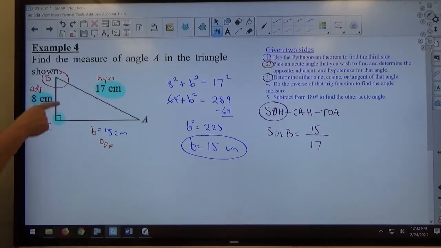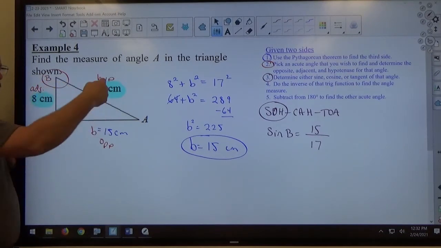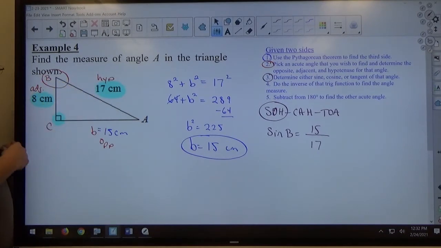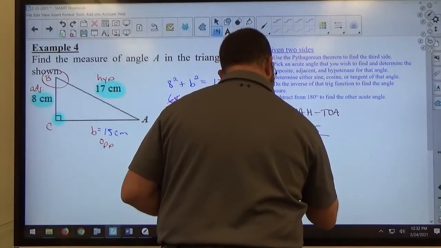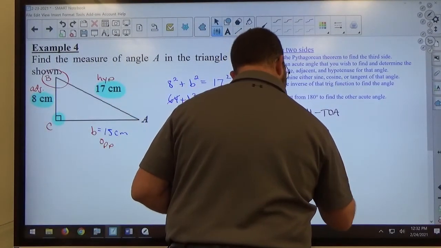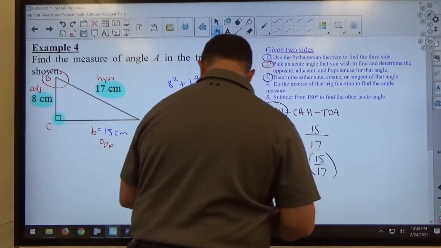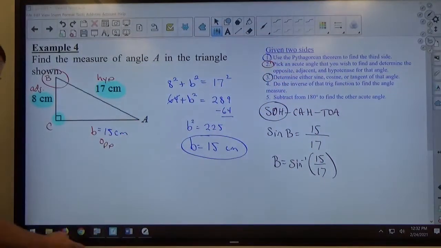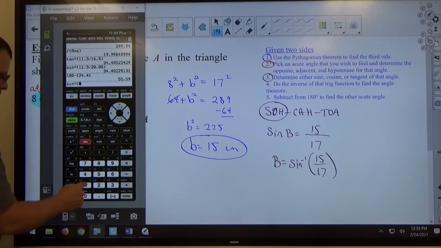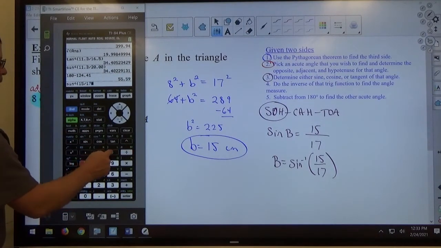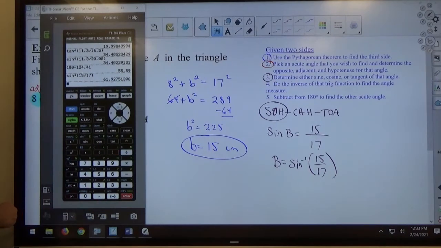But again, it's always sine of an angle equals the correct ratio of sides. Since I do not know the angle, to find the angle I have to do the inverse sine of 15 over 17. So I'm going to take my calculator, hit the second sine of 15 over 17. 61.93.